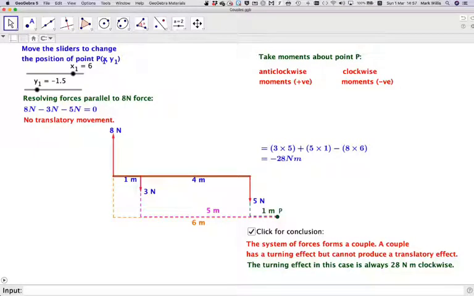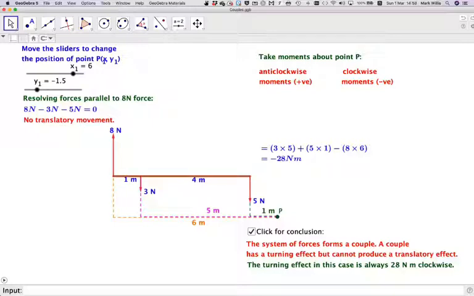Okay, so a couple will have a turning effect, but there'll be no translationary effect. So perhaps in real life, maybe if you're taking off a wheel with a spanner where you have to sort of rotate it round, one which has handles either side, then you can see the idea of a couple.